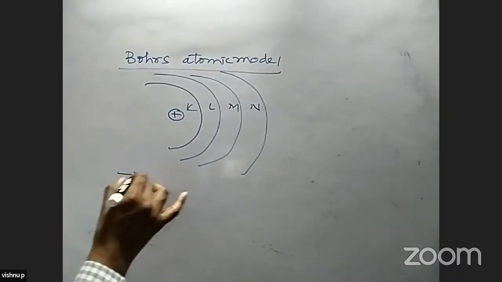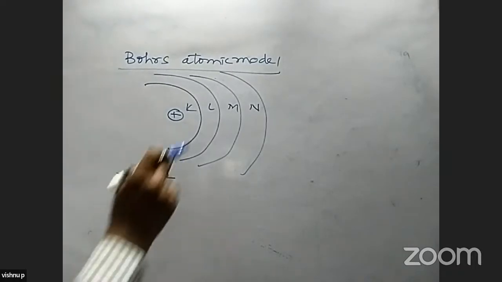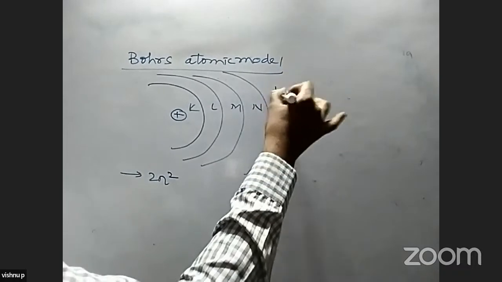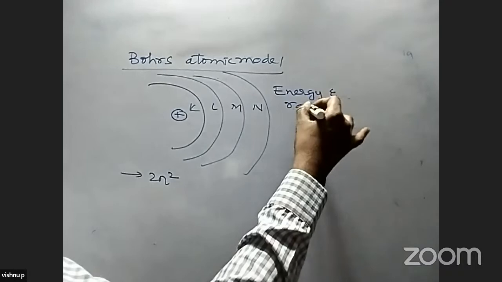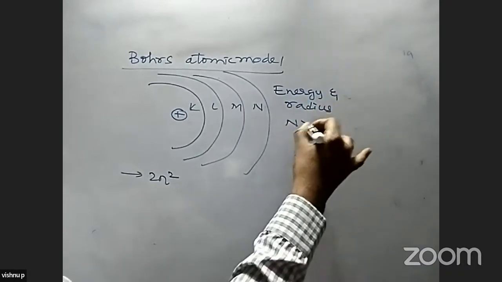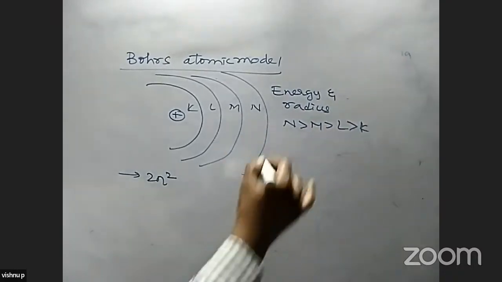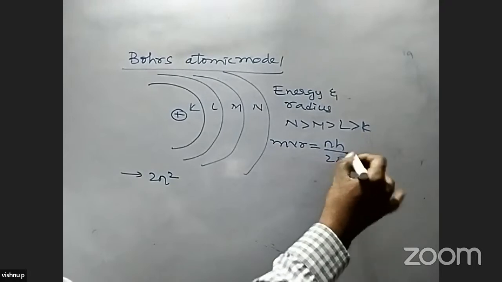The number of electrons in an orbit is equal to 2n square. As we go from K to N shell, the distance increases, and energy and radius also increase: N shell greater than M shell greater than L shell greater than K shell. And when an electron revolves around the nucleus, its angular momentum is quantized.